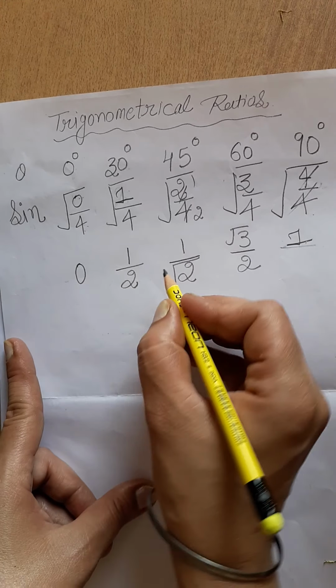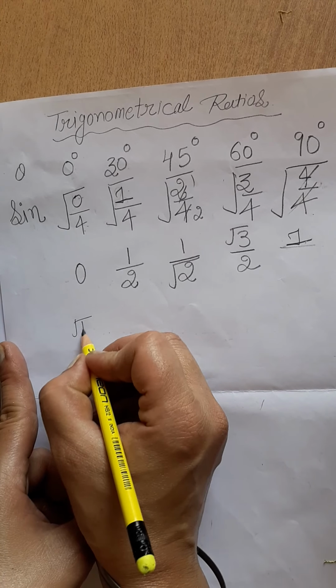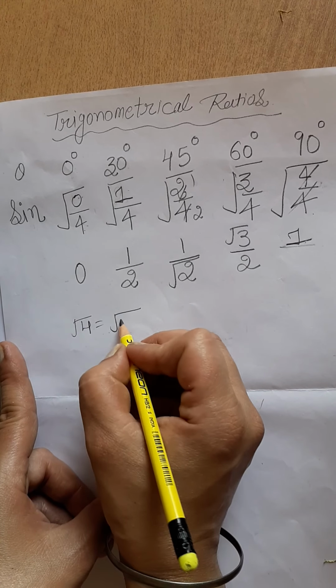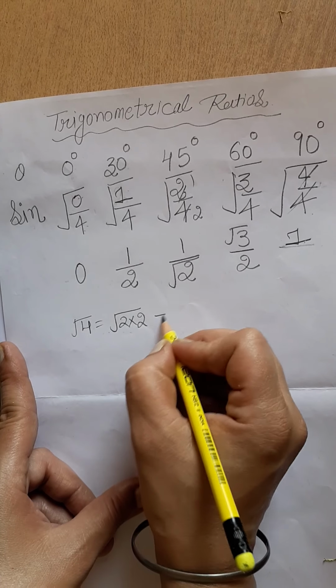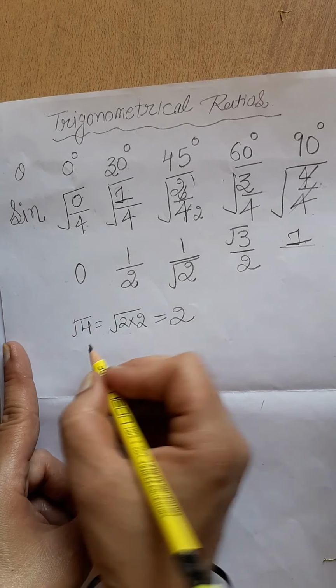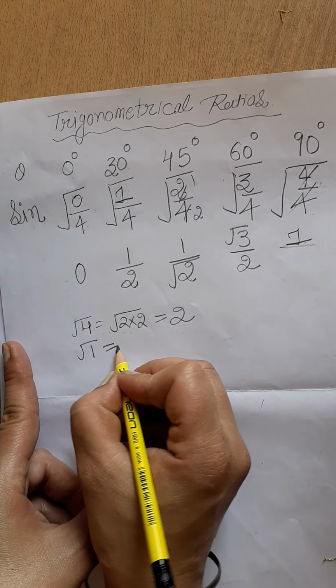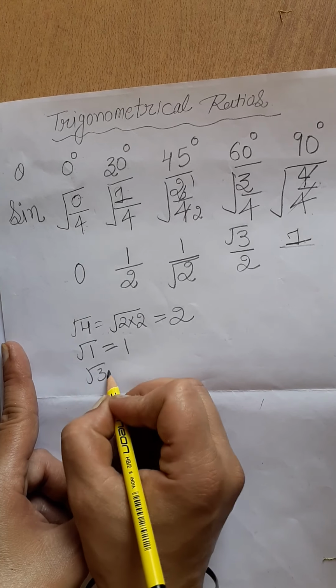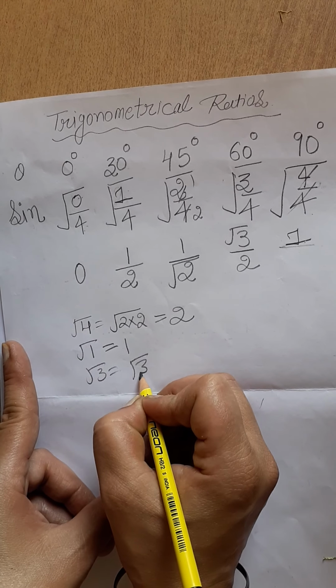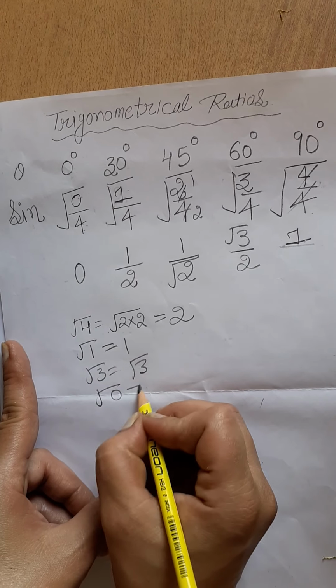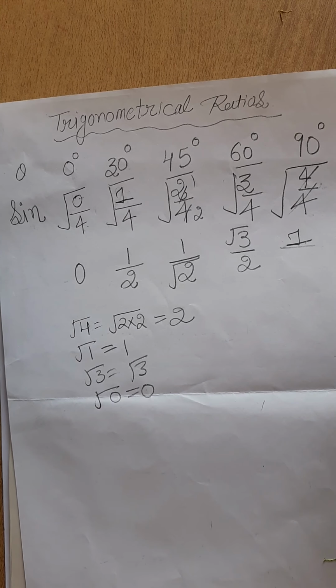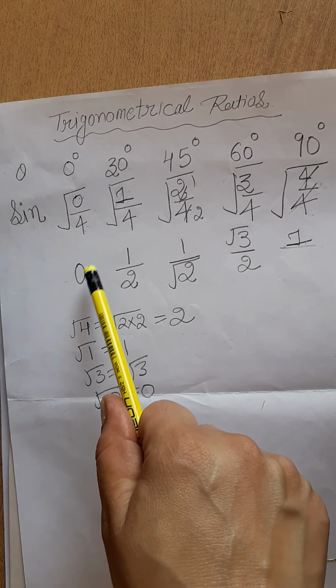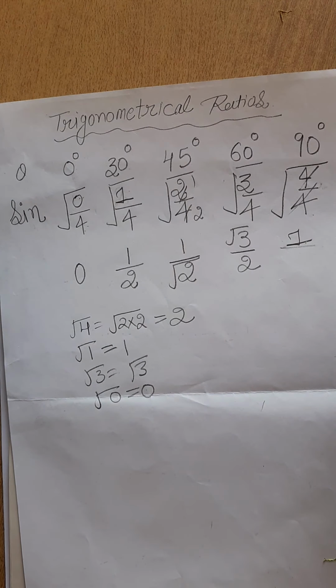We all know that the square root of 4 is 2, and the square root of 1 is 1, the square root of 3 we can take as it is, and the square root of 0 is 0. So by putting all these values, we get these digits.